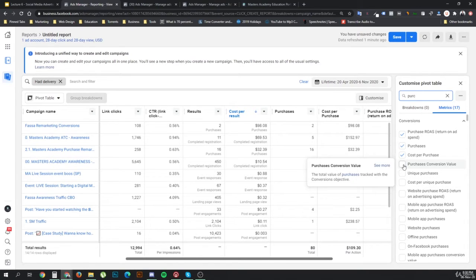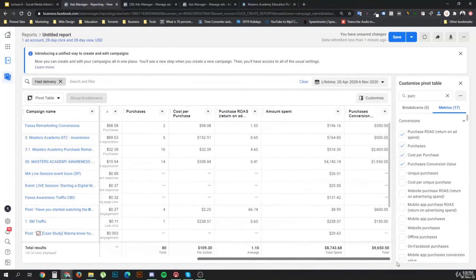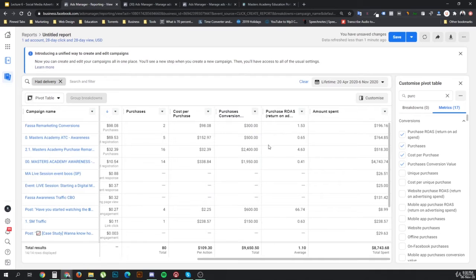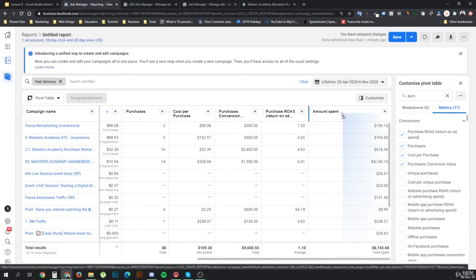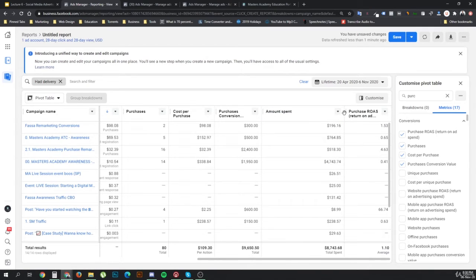That would be the purchases conversion value, is what it is. And so let's take a look. Now we can move the purchases conversion value next to the cost per purchase. And we really want to see maybe the return on ad spend after the spend. So we can take that spend and move it like that.